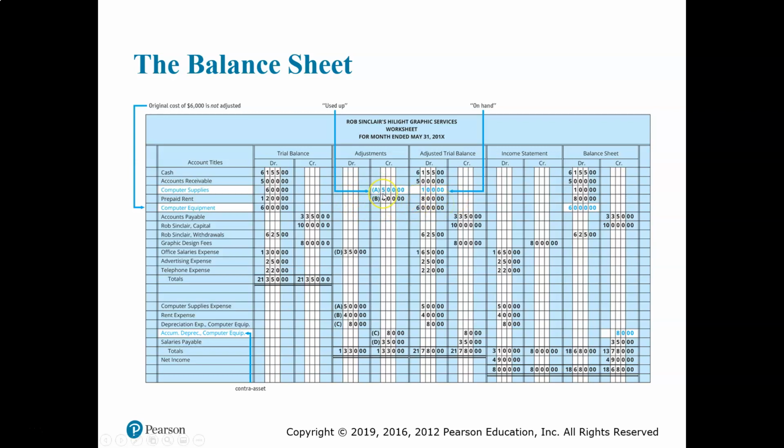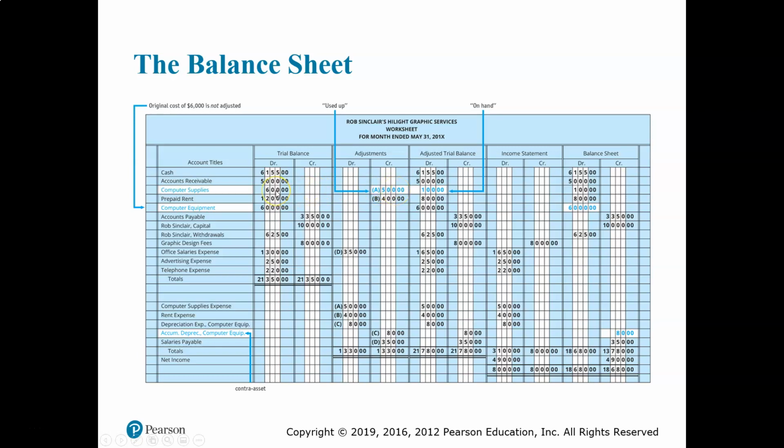Now, the reason why this is important for supplies, and what I think is important for you to get, is that sometimes in your textbook example or problem, it'll say this amount of supplies is what you had on hand at the end of the month. So sometimes it'll give you this number, and you have to calculate what amount has been used up.